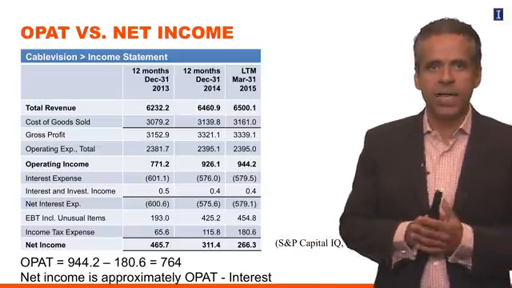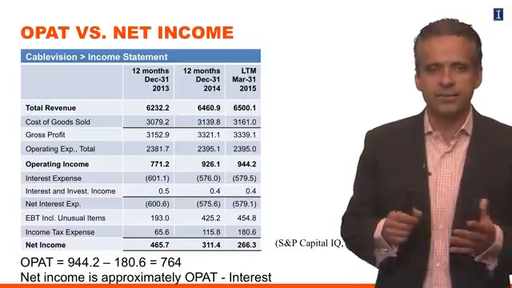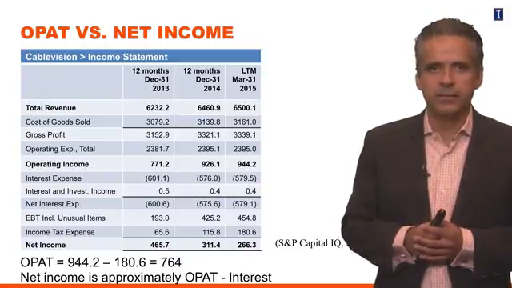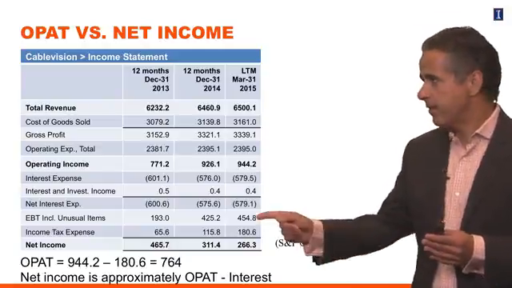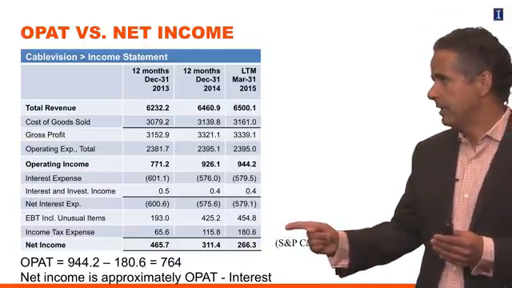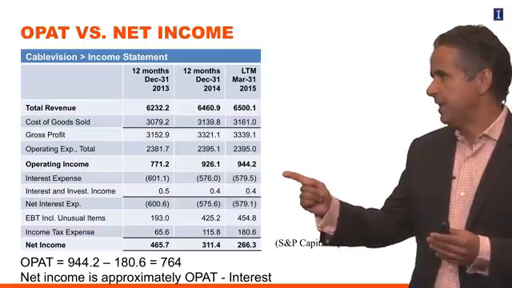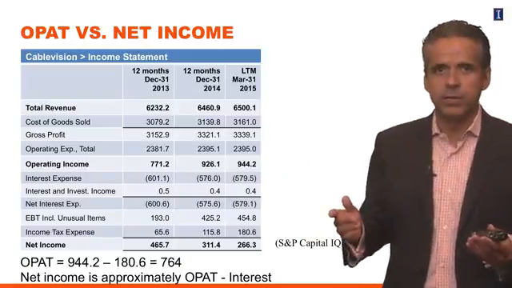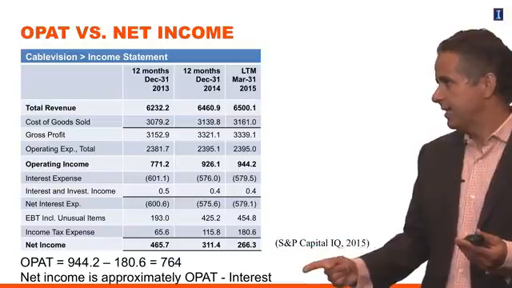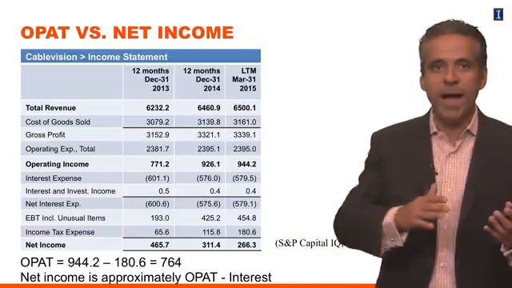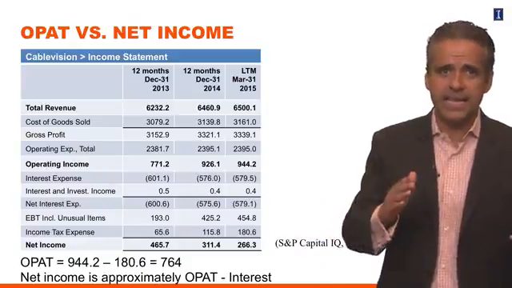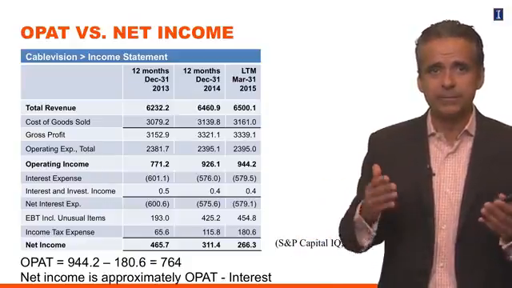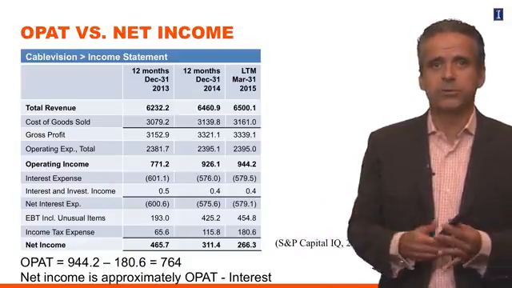So the OPAT for Cablevision in this latest 12-month period would be $764 million, right? And if you do the math, the interest is 580 million. So you can check that net income is approximately OPAT minus interest. The difference between OPAT and net income is mostly that net income is an after interest measure.